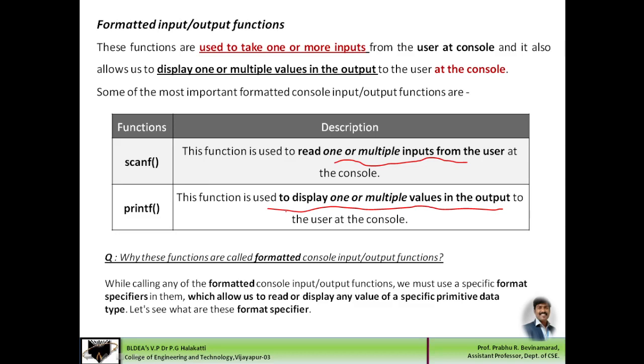So whenever we use the scanf and printf functions, we will specify different format strings. The format strings are also called format specifiers. These format specifiers define what type of data we are reading from the keyboard and what type of data we are displaying on the screen.